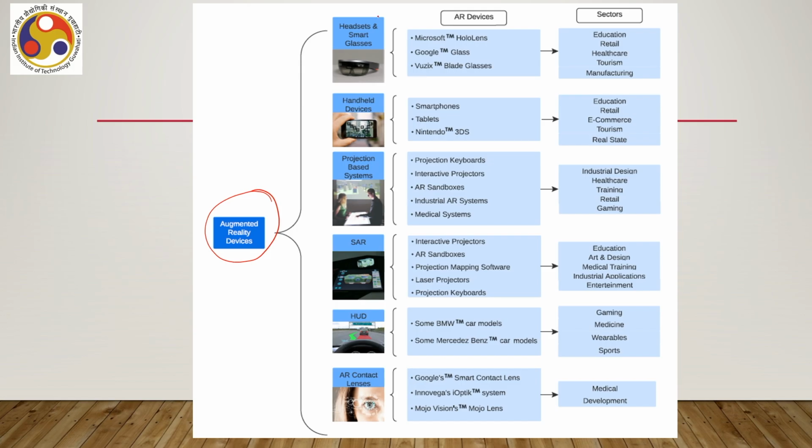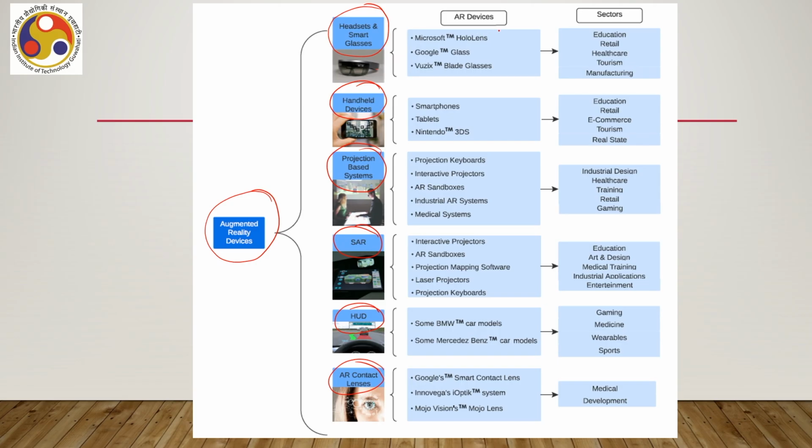For example, one category can be the headsets and glasses, then handheld devices, then projection based systems, then spatial AR, head up displays and finally AR contact lens. Examples of each category are also shown here.